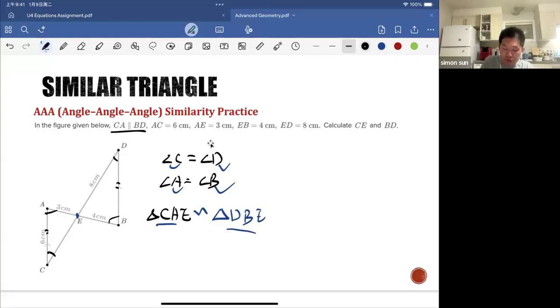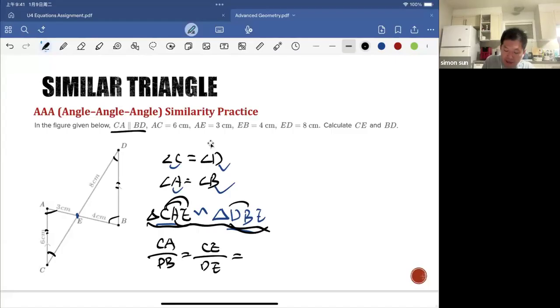And once you prove two triangles are similar, then the corresponding side ratios will be the same. So what we have here is CE over DB is equal to CA over DE is equal to AE over BE.